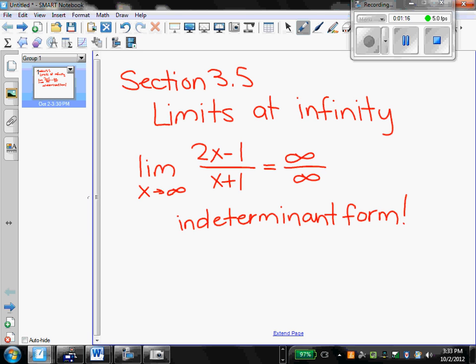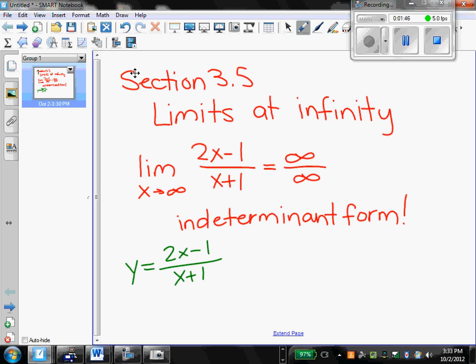The first thing is really what we are looking for as x approaches infinity and what kind of graph this is. So if we are just looking at y equals 2x minus 1 over x plus 1, hopefully everybody knows that this is a rational expression. We have a 0 at 1/2, we have a vertical asymptote at -1, and we have a horizontal asymptote at 2.